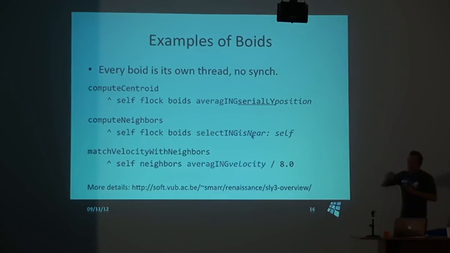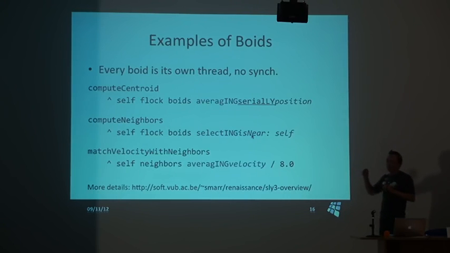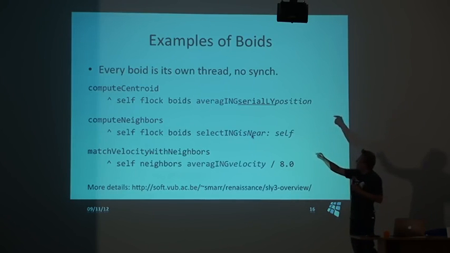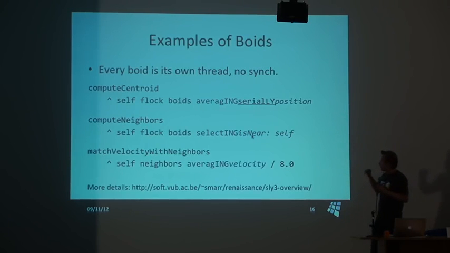That's basically the math behind that simulation, using Sly as a MapReduce kind of language to do that computation. The general idea is every bird executes in parallel, and these operations, if not especially annotated with serially, can be executed in parallel.